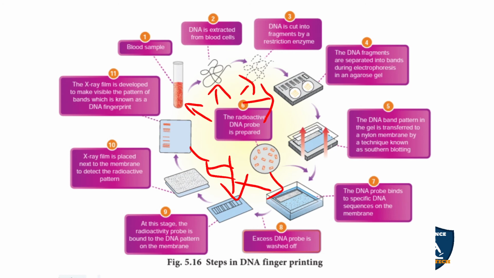After that you can see a barcoding, thin and thick barcodes will appear, and that is called DNA fingerprinting or genetic fingerprinting, and from that you can find out whom it is matching. Okay, so these are the steps involved in DNA fingerprinting.